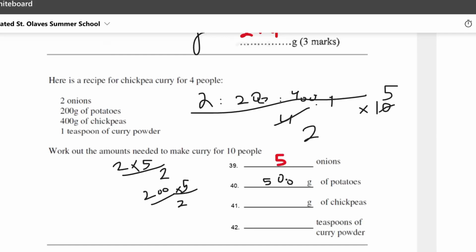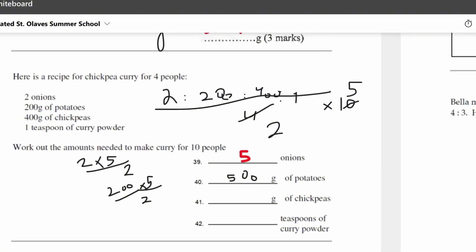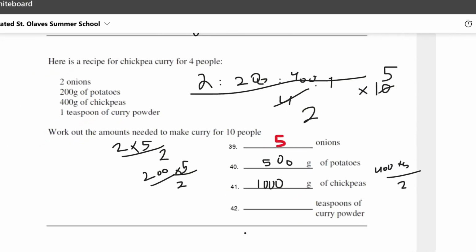Next one we get for chickpeas, I'll do it on this side over here, so we have more space. We do 400 times 5, which gives us 2,000 over 2, which means we need 1,000 grams of chickpeas. And then for teaspoons of curry powder, I'll go back to this side.